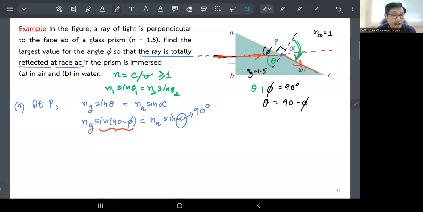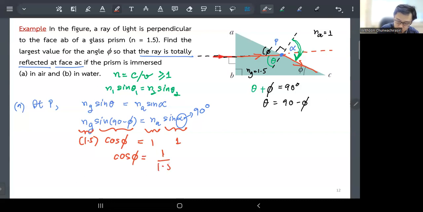Sine(90 minus phi) is just cosine phi. That one is easy. So what you have over here is you plug in n glass 1.5, you plug in n_A as 1, sine 90 is also 1, and that's it, guys. Cosine phi is just 1 over 1.5. You can write 1.5 as 3/2, so it's 2/3, and that is it. You get the phi.